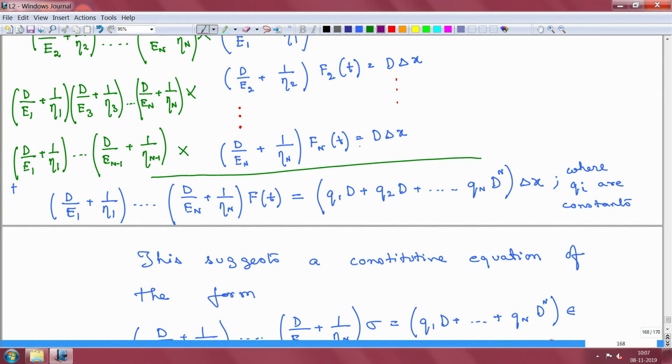What basically it implies is now you have a simple algebraic relationship between the forces. So, you can actually drop one of these operators. When you drop one of these operators, so this term gets dropped, right. If this term gets dropped, then the power on this side will go down by 1, right.